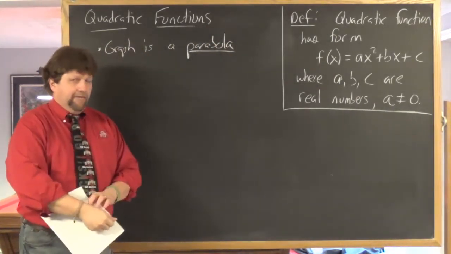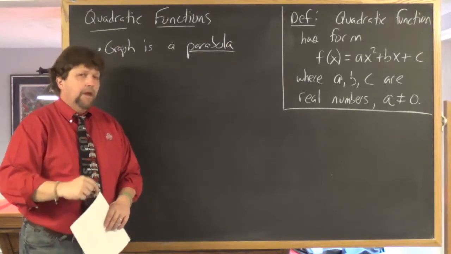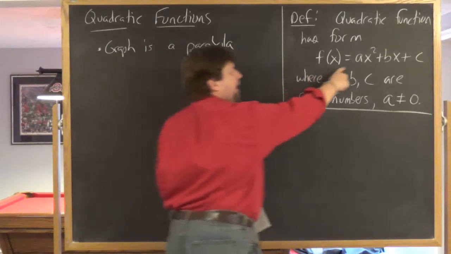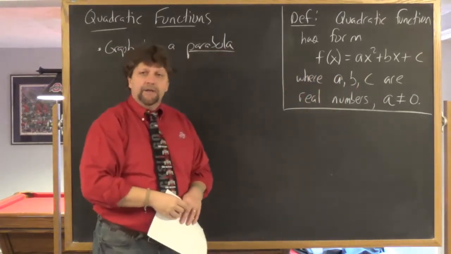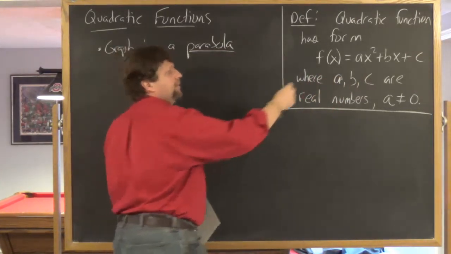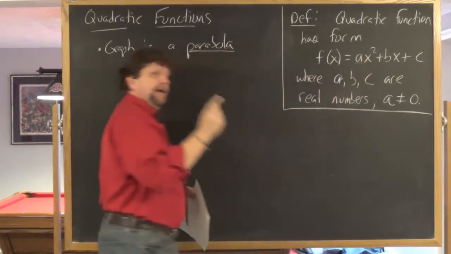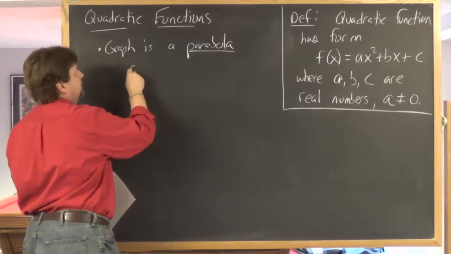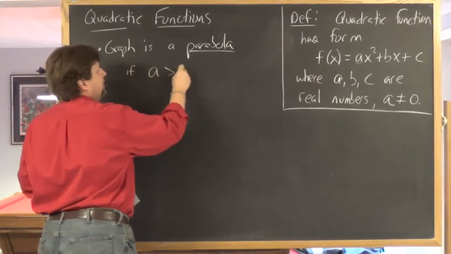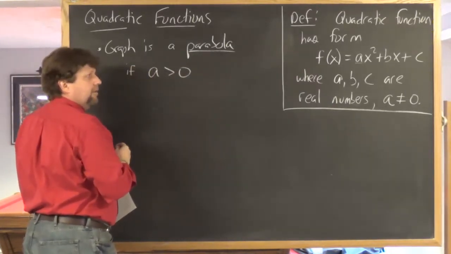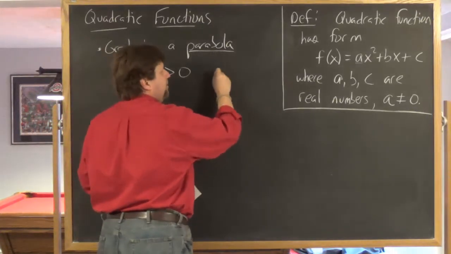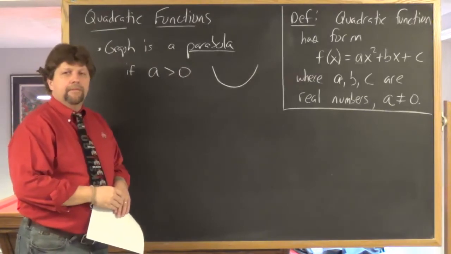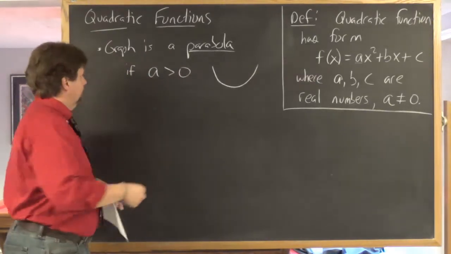To break this down even further, if over here in your f of x equals ax squared plus bx plus c, if a, remember a is a real number, if a is greater than 0, then your parabola will have that shape. It's like a happy parabola.